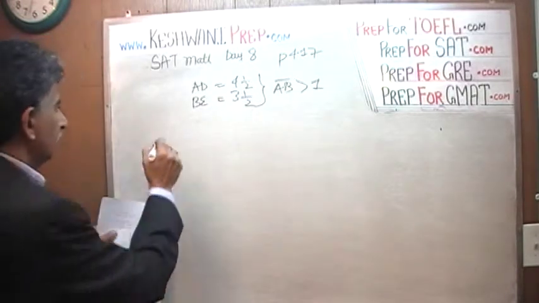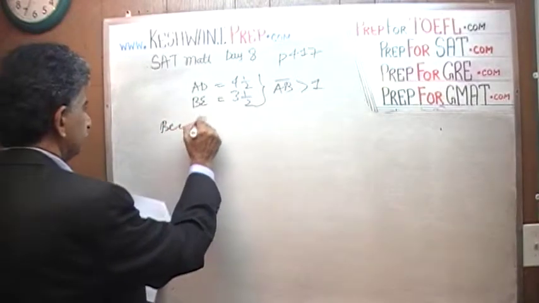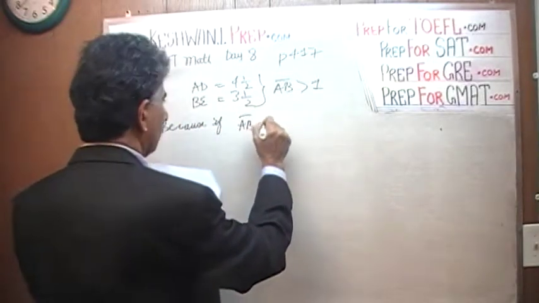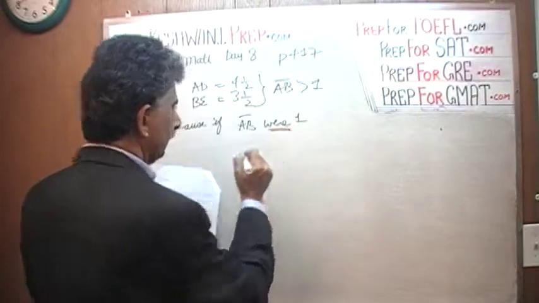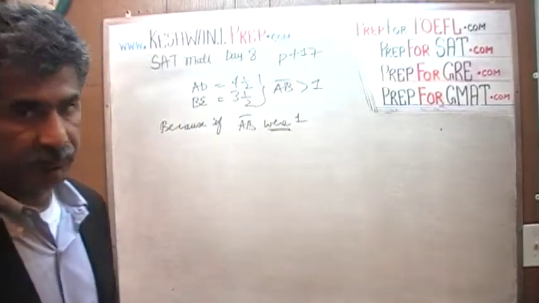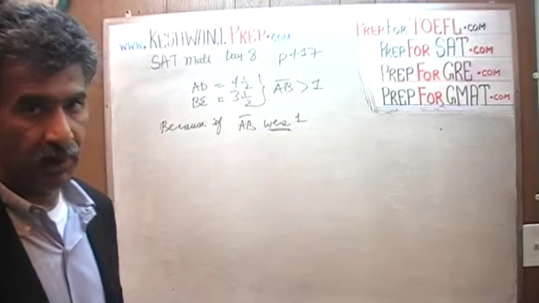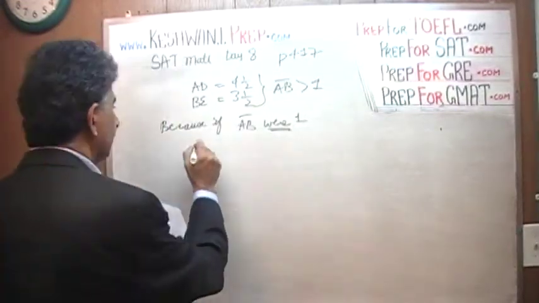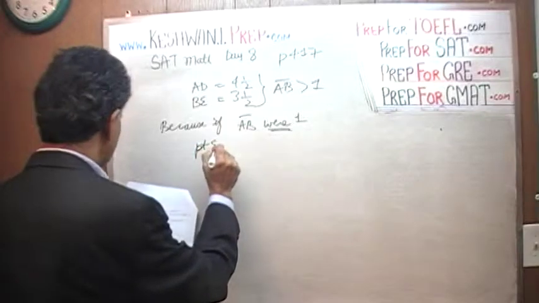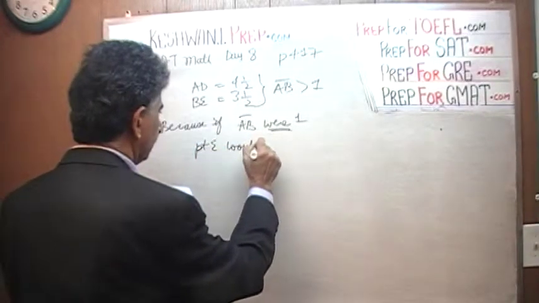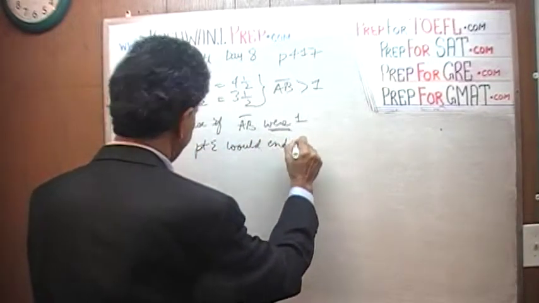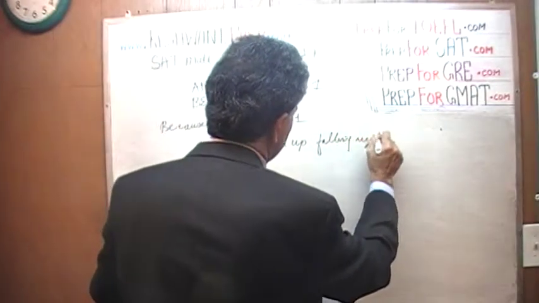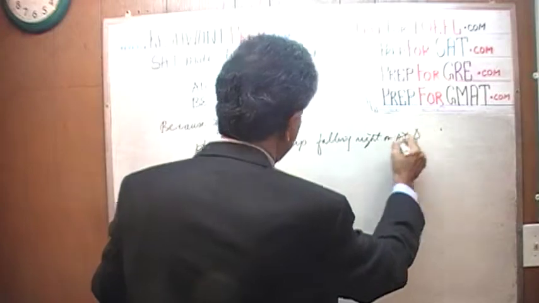Here's the reason. If A to B were 1, meaning it's just a purely hypothetical statement, then in that case point E would end up falling right on point D. I'm going to show you here.